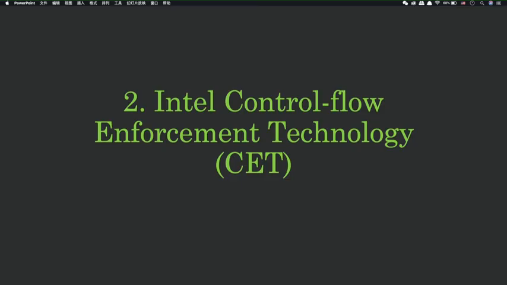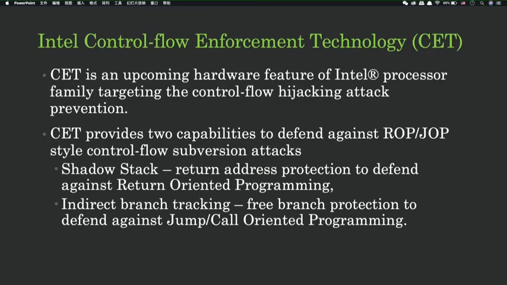This is where the control flow enforcement technology, CET, came in. Intel implemented this as a hardware feature for new processor families. The basic idea, as we said, is to prevent control flow hijacking.